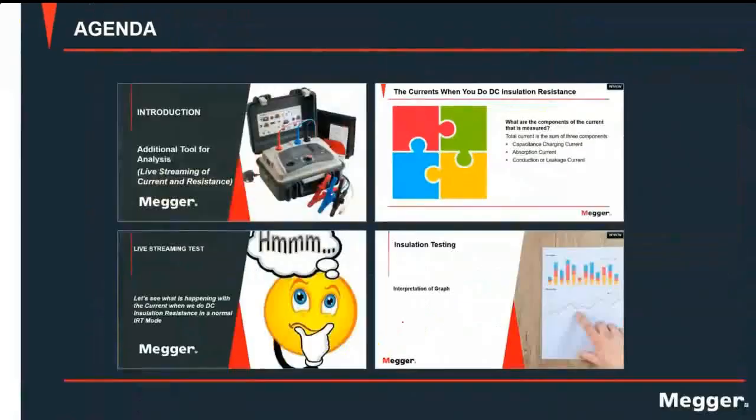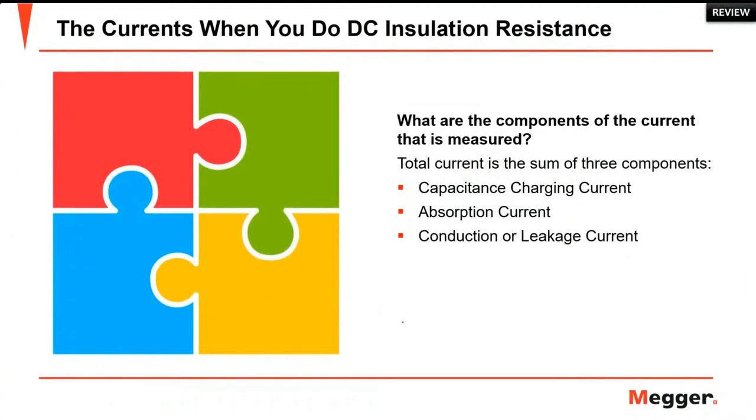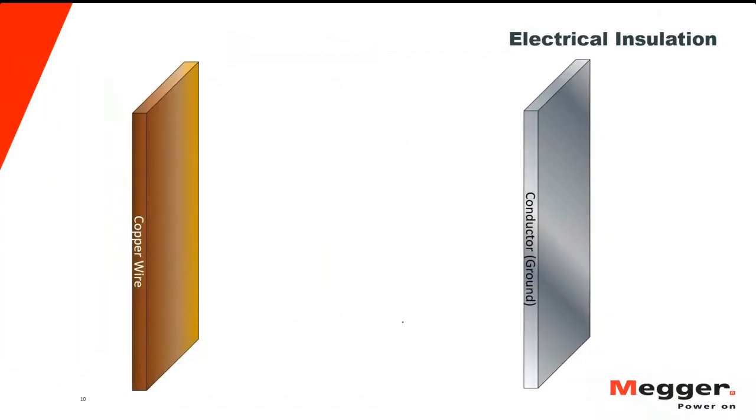Okay. Now let's review the current that we have when we do the DC insulation testing. I know you have seen this before, but this is very important with the live streaming. Okay. So first, let's look at this insulation here. And of course, insulation, we normally treat it as a capacitor, right?